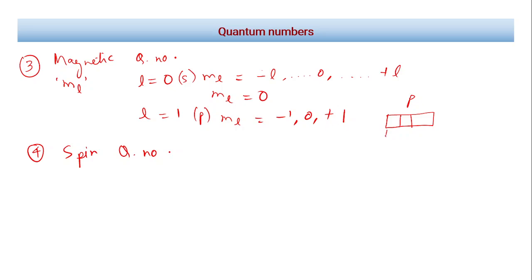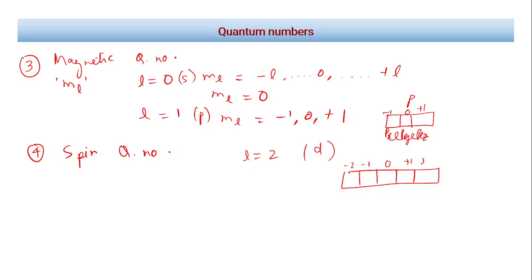If you already remember, we know them as Px, Py, Pz. That is not necessary right now, but it itself has 3 different states: -1, 0, plus 1. And for L is equal to 2, that is our D subshell, it will have 5: -2, -1, 0, plus 1, plus 2.